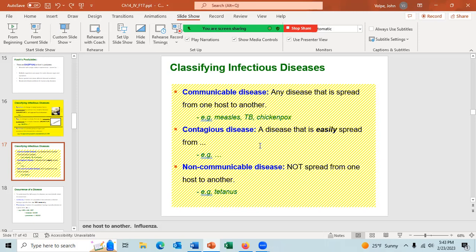What is a communicable disease that is not a contagious disease? Anyone have one? Meaning it's a disease that is communicable, can spread from one patient to another, but it doesn't easily spread.